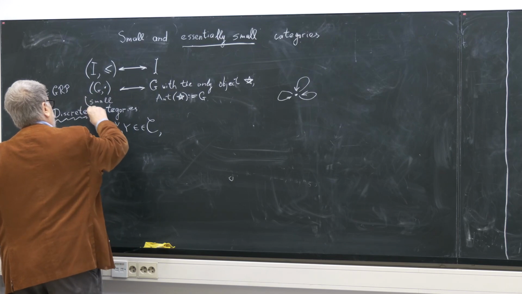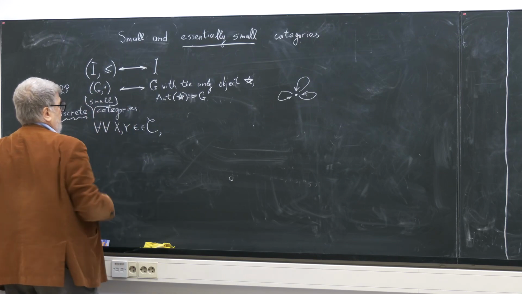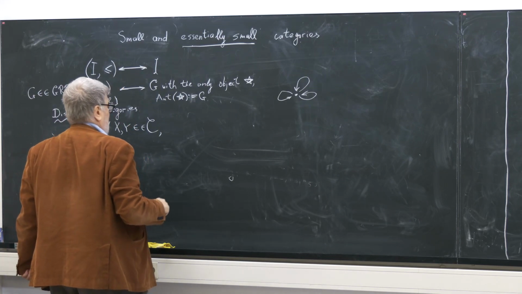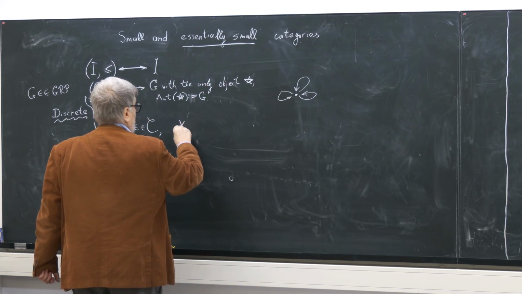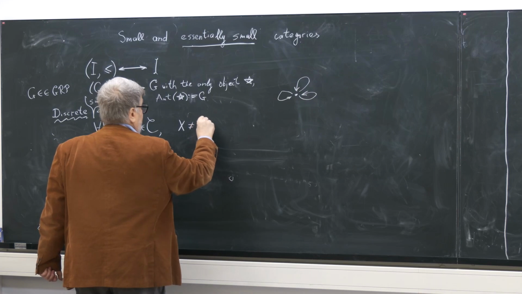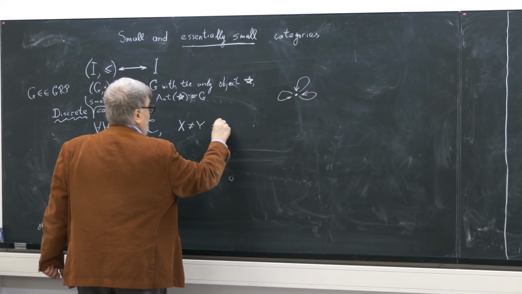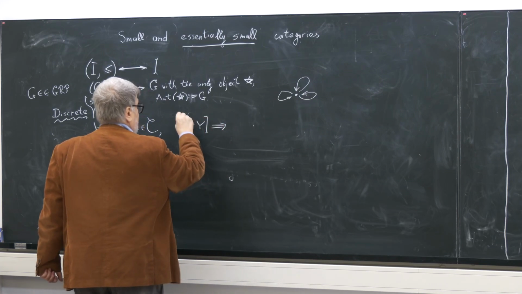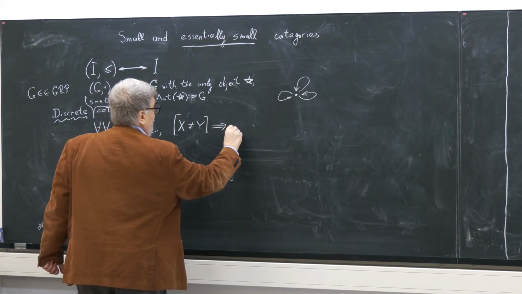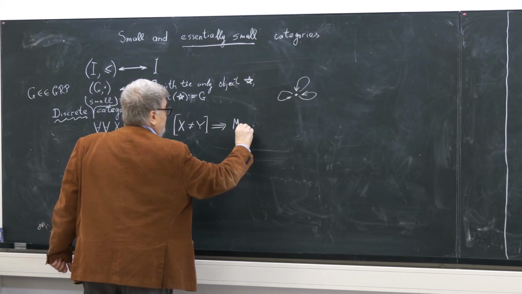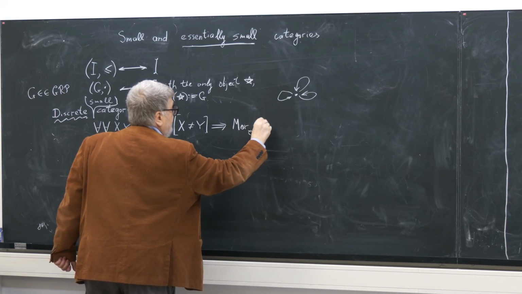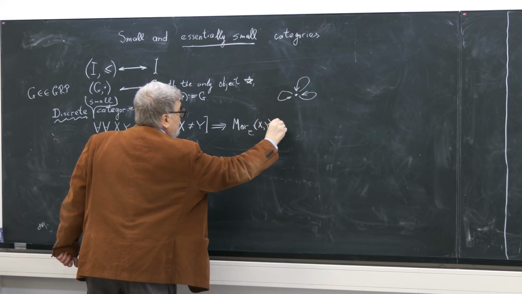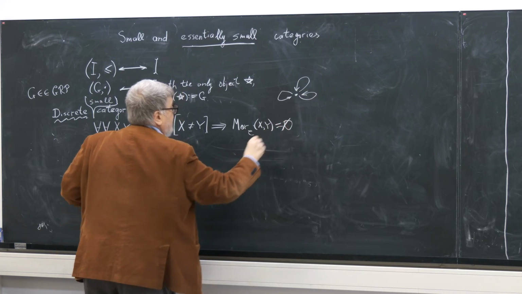We define only discrete small categories. Then I have a right to write down that whenever the objects are different, the set of morphisms from one to another is empty.